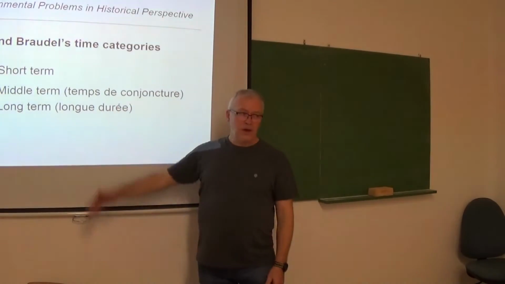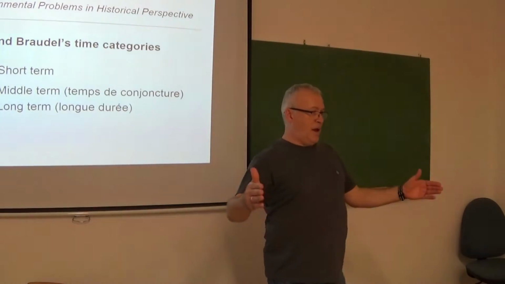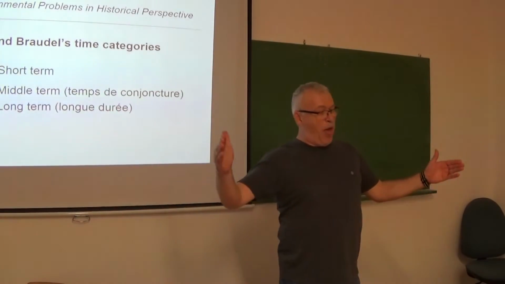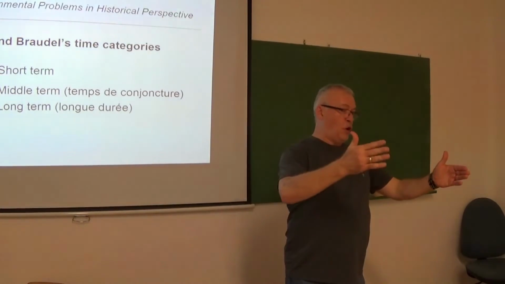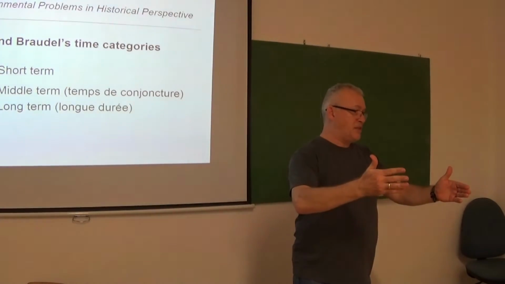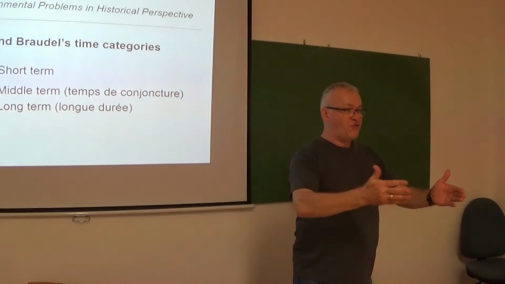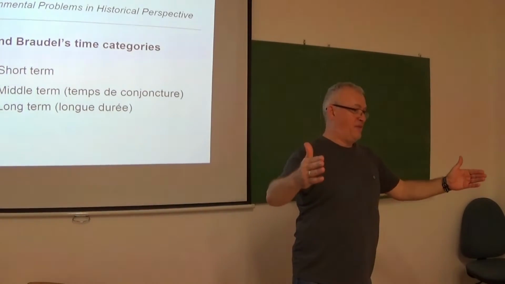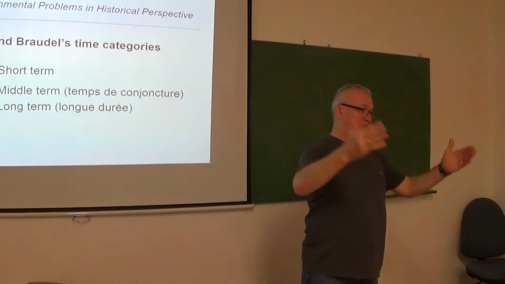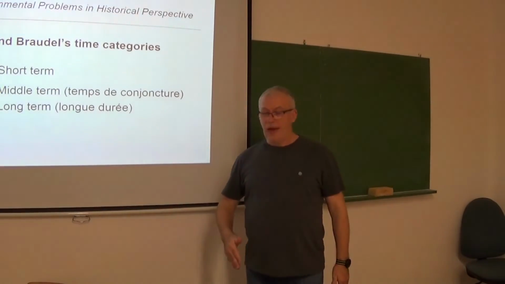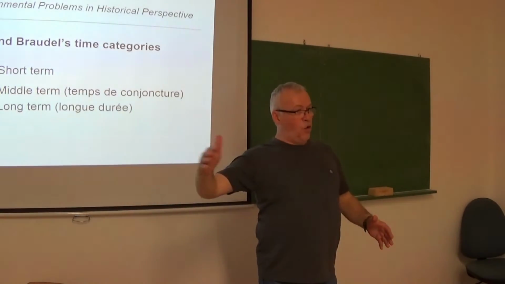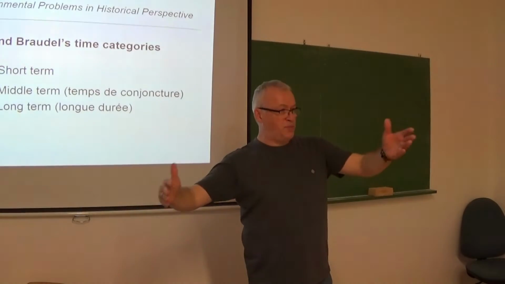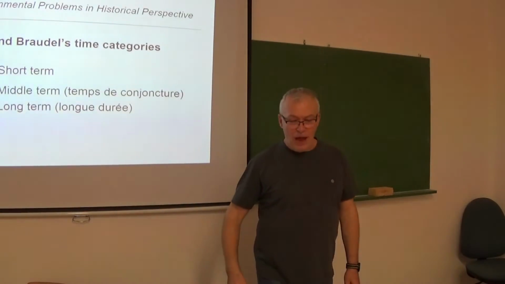Middle term is less than 10 years, less than 1 decade. For example, your university studies will be accomplished in less than 10 years, but if somebody is more ambitious, it's possible to postpone. And long duration is more decades or even centuries, as I spoke about in the case of the time concept.